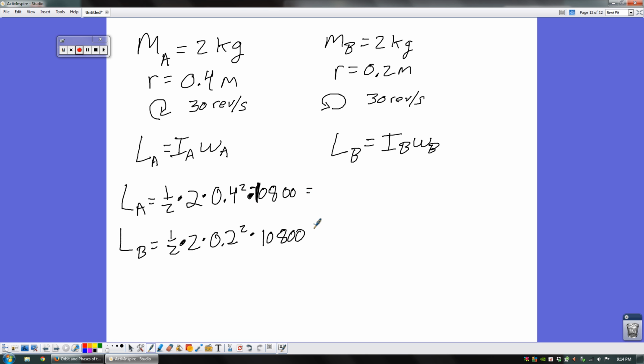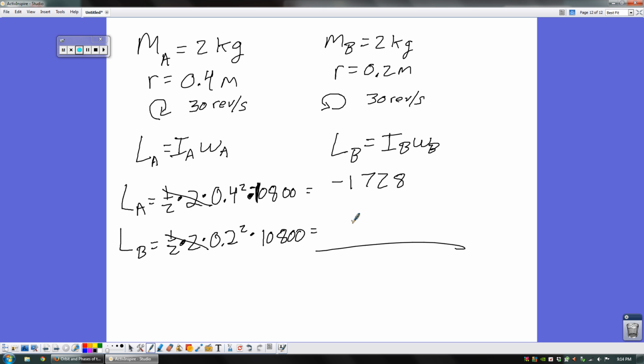Let's add these things up. 1/2 times 2, I'm not going to worry about it. So I get 0.4 squared times negative 10800, which gives me negative 1728 momentums.